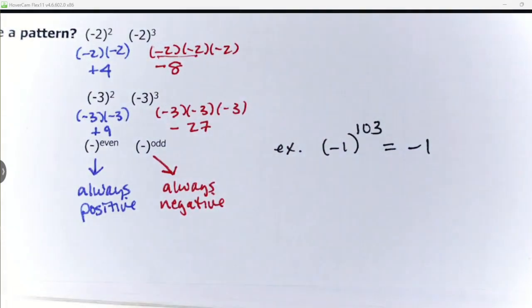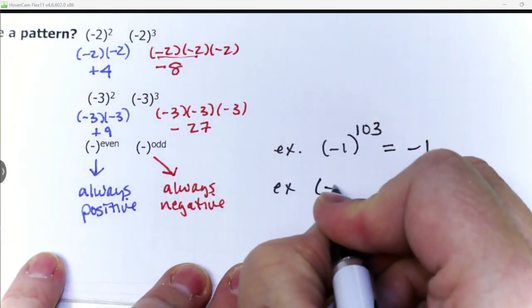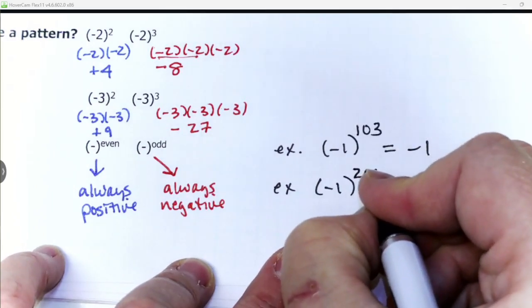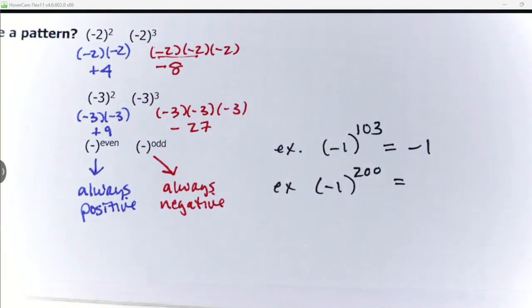If I gave you a negative 1 to the power of 200, what's going to be the sign on that number? Positive. Yep, positive 1. That's one of the ones they like to put on your state test because it's not one you have time to write out. It's one that you have to know what the pattern is. All right, are there any questions?